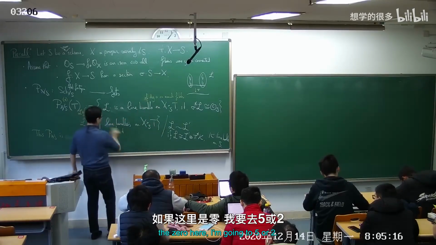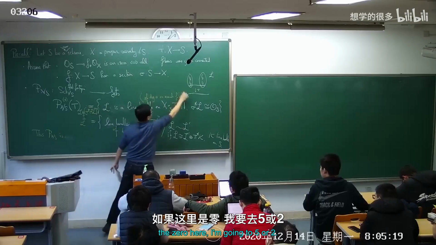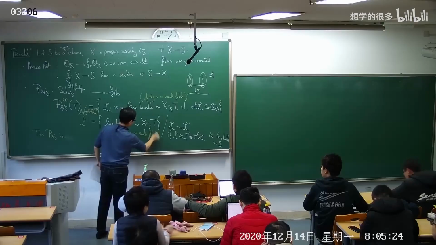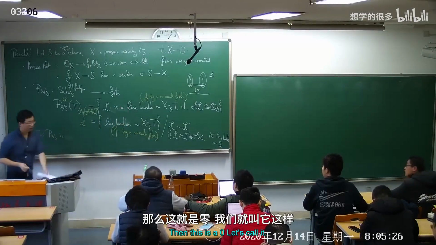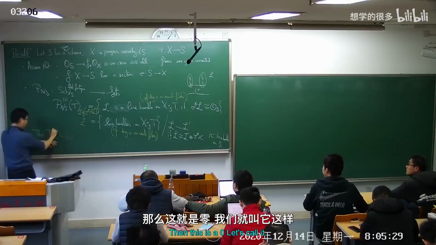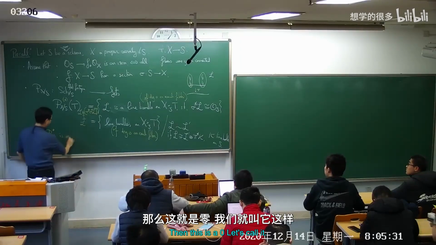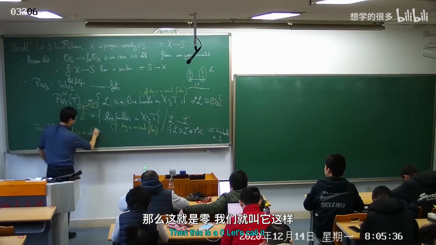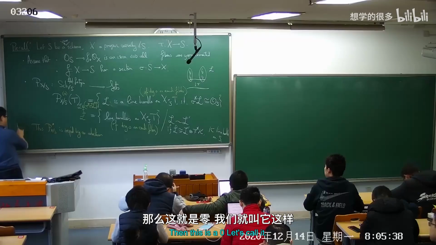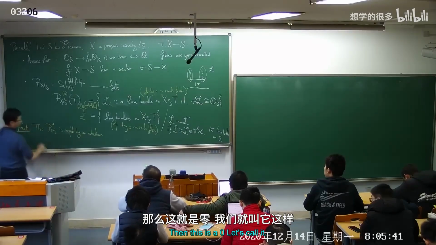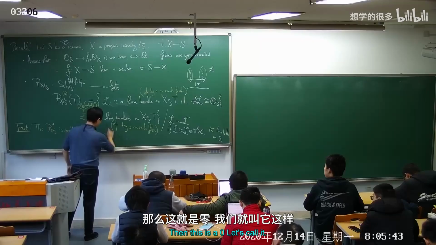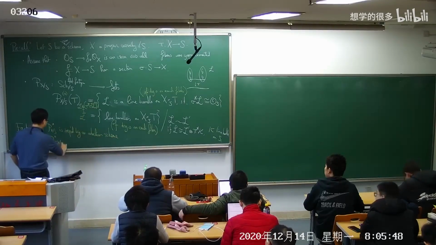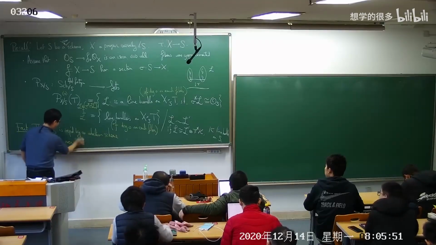If I put the 0 here, that means that this is degree 0 on each fiber. Then this Picard functor Pic^0 is represented by a scheme. Let's call it K.